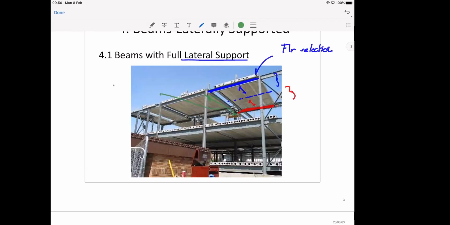When you select the floor from any table that you use, you need to select with that span length, because you can consider the floor as a simple beam. You can consider the one-way floor system as a simple beam.